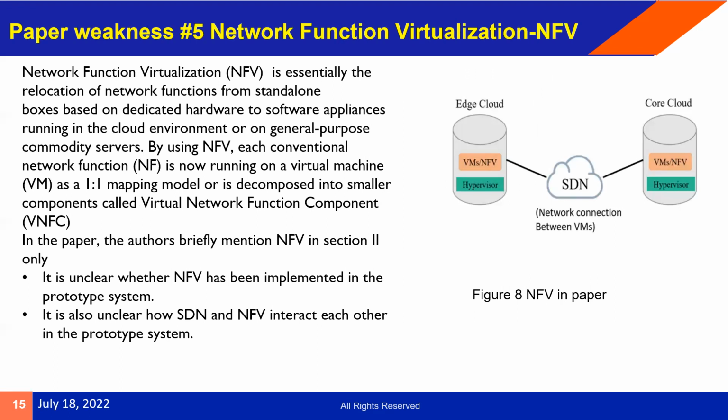Paper weakness number 5, network function virtualization, NFV. NFV is essentially the relocation of network functions from standalone boxes based on dedicated hardware to software appliances running in the cloud environment or on general purpose commodity servers. By using NFV, each conventional network function is now running on a virtual machine.